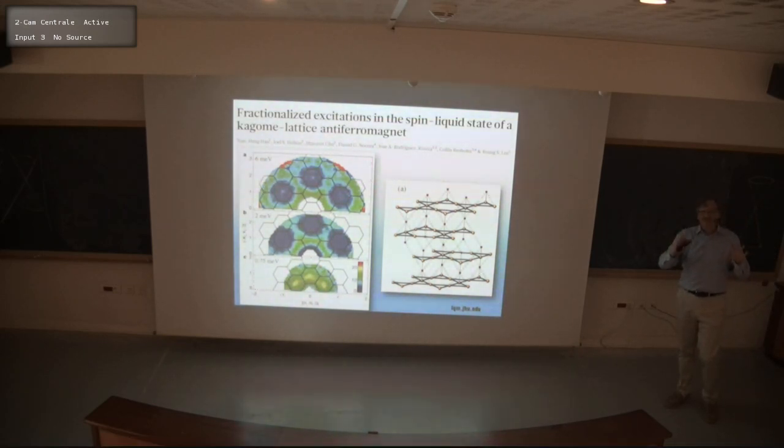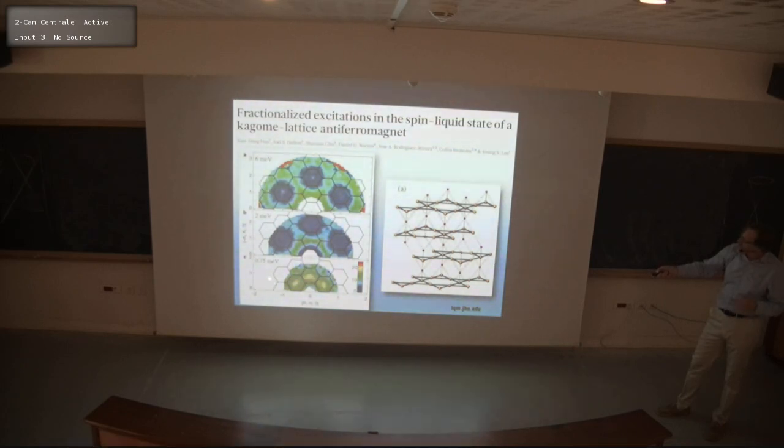But that picture cannot be correct, exactly as I stated it, because if that was all that was going on, then there should just be a sharp excitation at a specific energy transfer. But we are actually seeing this pattern persisting, both at 0.7 millivolt, 2 millivolts, 6 millivolts, and it just keeps going up in energy. So there's no connection between this very simple picture and what's actually seen experimentally.